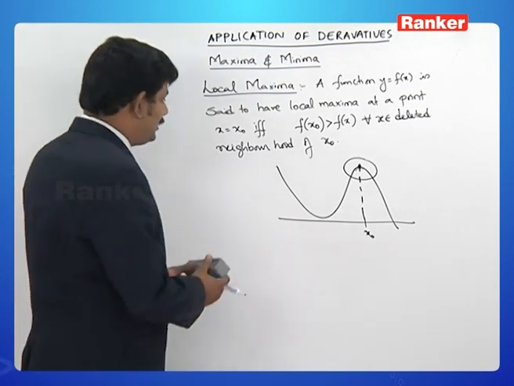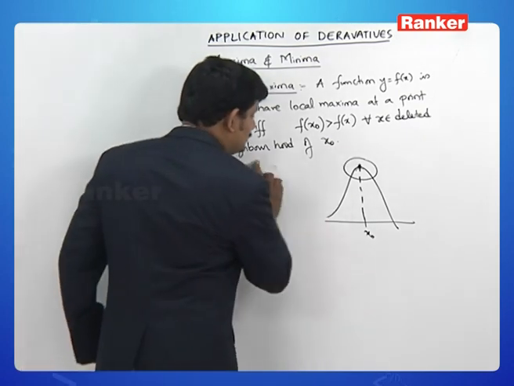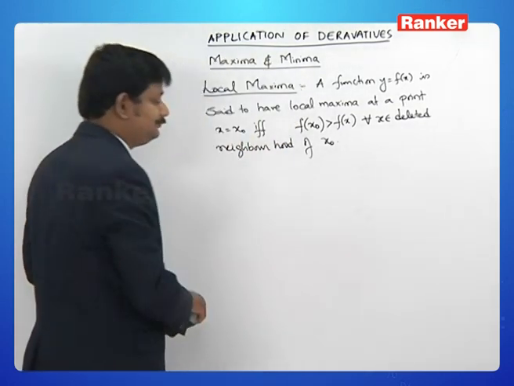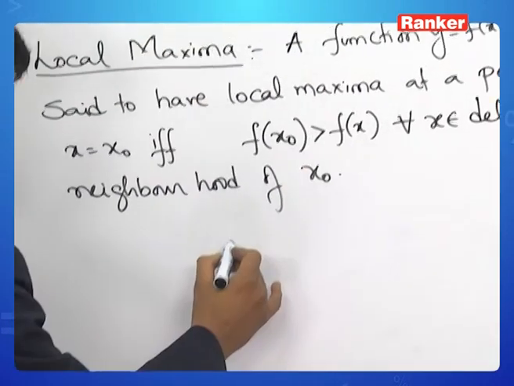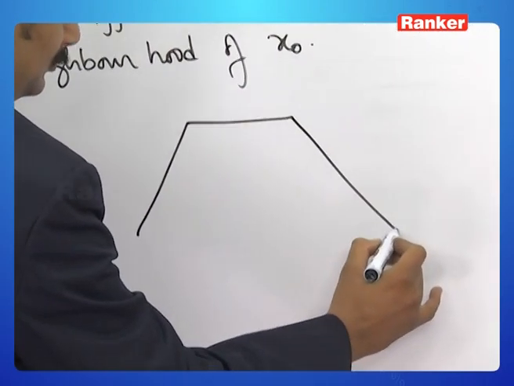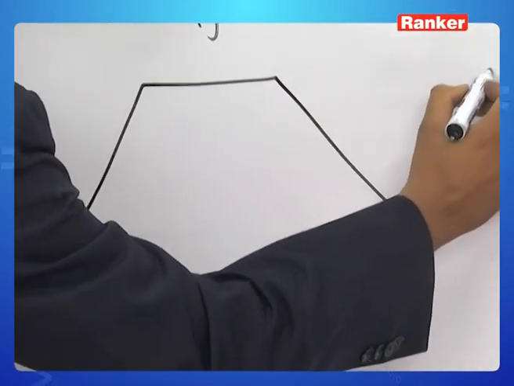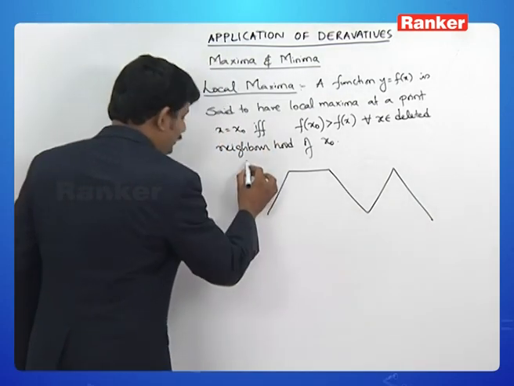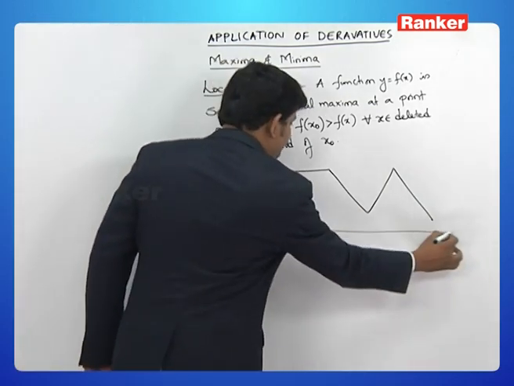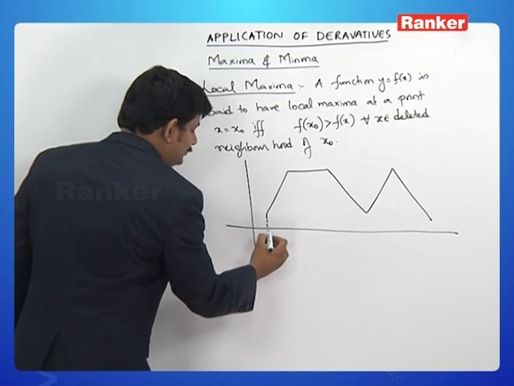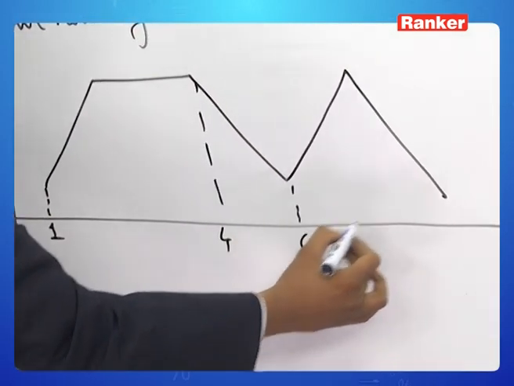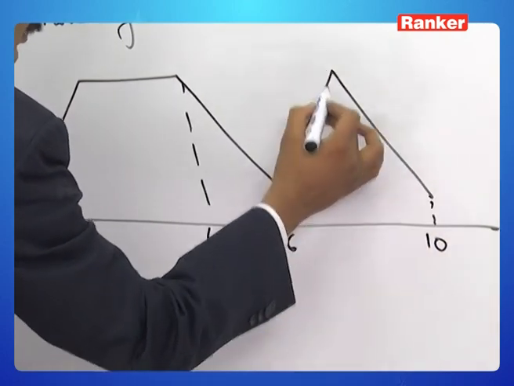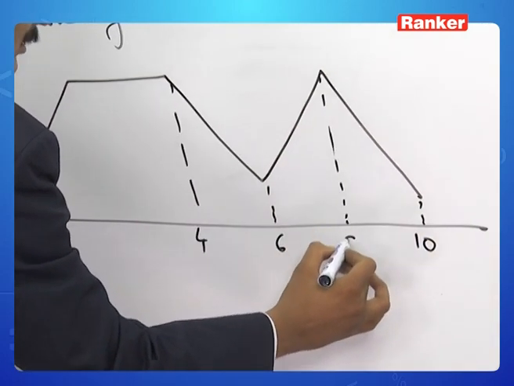Let us look at another graph where we can see which are the points of local maxima. Let us say there is a graph of a function which stretches from 1, 4, 6, 10, 8.